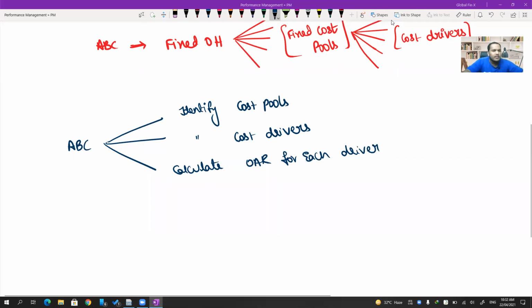Yes, sir. Development, introduction, growth, maturity, and decline. Very good, Tejasvi. You have given me the 5 stages as well. Okay. So let me just finish the steps, then I'll move on to the next one.